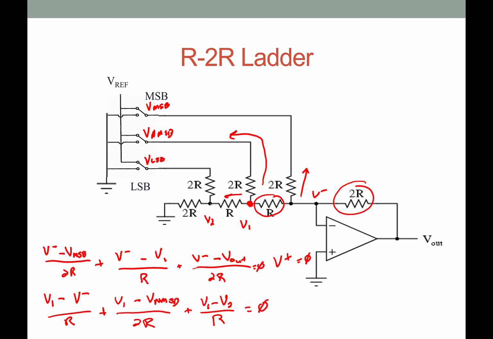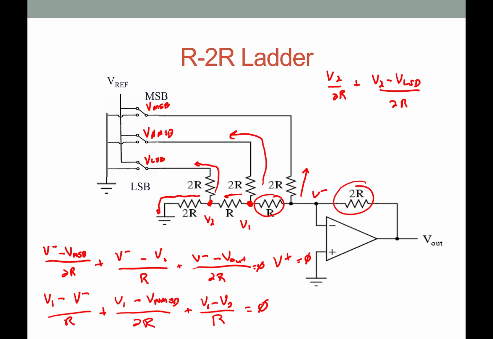And then I've got to do my nodal equation right there, so that's V2 over 2R, because that's V2 minus 0 over 2R, plus V2 minus V LSB over 2R.